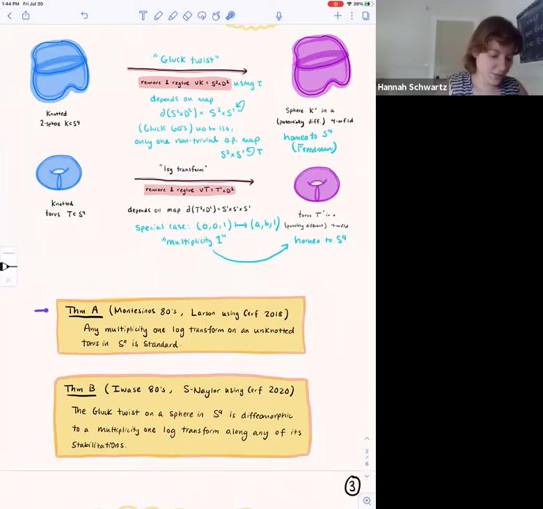So there's 2 theorems I'd like to point out. One theorem is due to Montesinos in the 80s, and Kyle Larson actually gave a newer proof of it in 2018. First, this is addressing this bottom surgery. If you have a multiplicity 1 log transform on an unknotted torus in S4, then it's standard, meaning it's diffeomorphic to the 4-sphere.